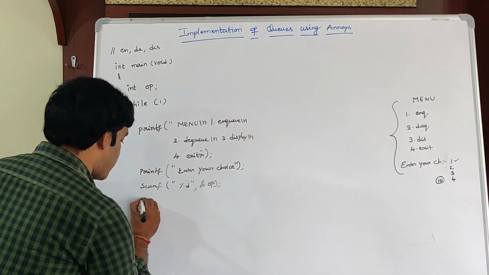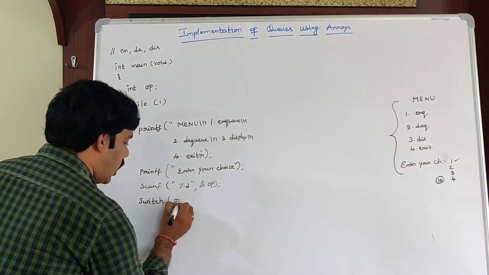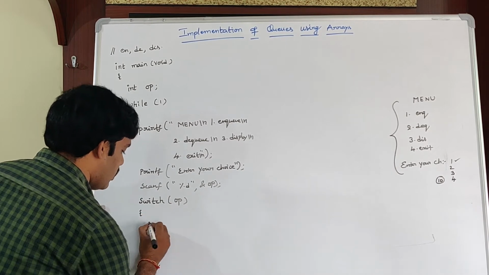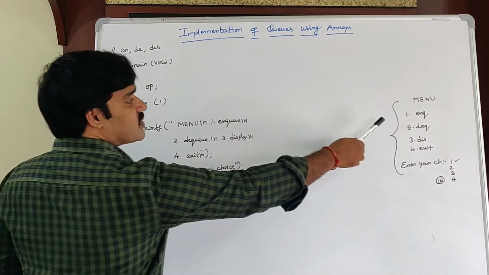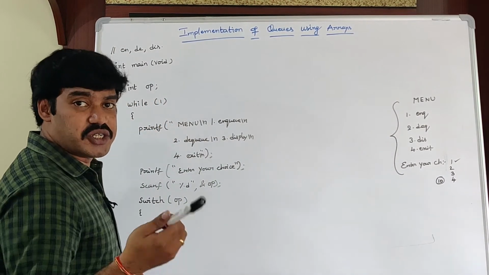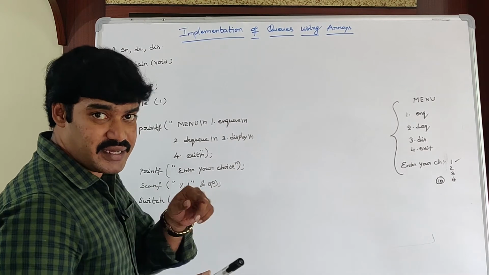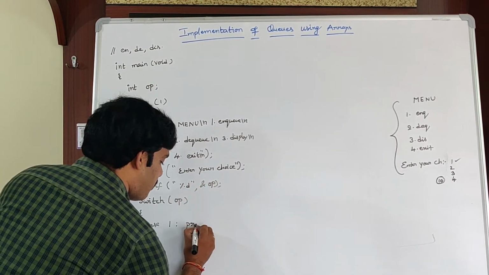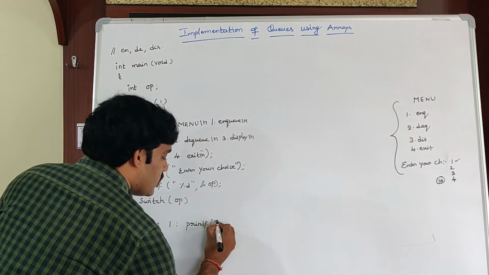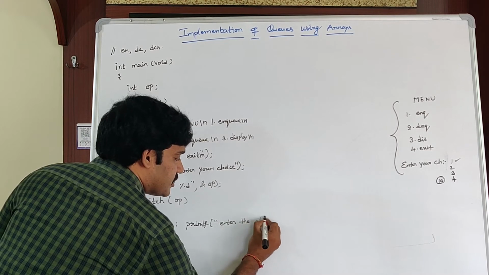Next, write the switch case. Switch of op, opening brace, case 1. What is case 1? Call the NQ function. For the NQ function, we need to pass a parameter, that is x parameter. So for that particular purpose, I am asking the user printf enter the element.